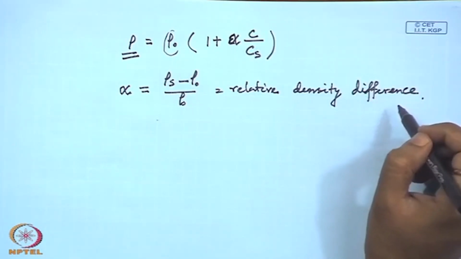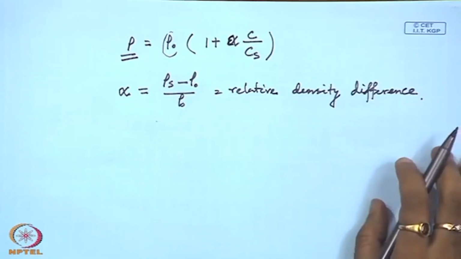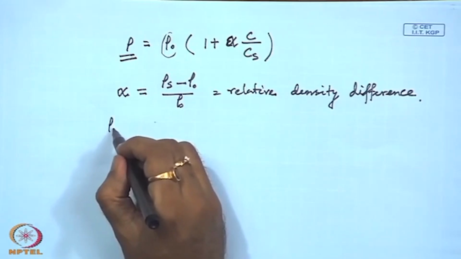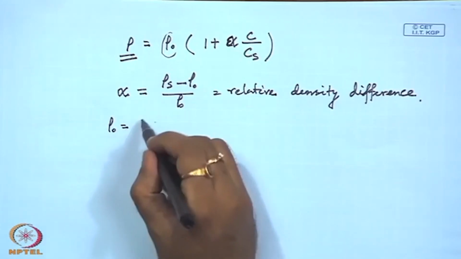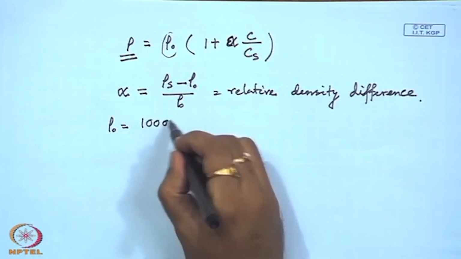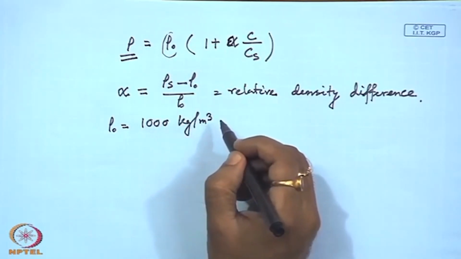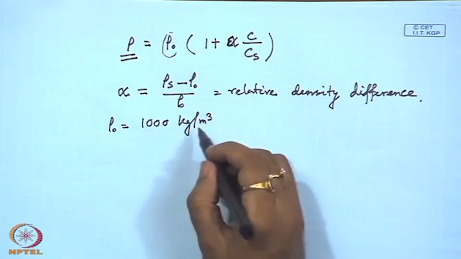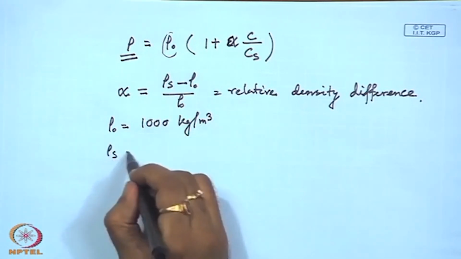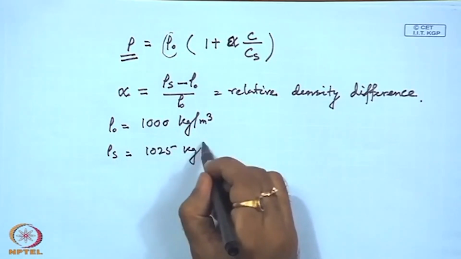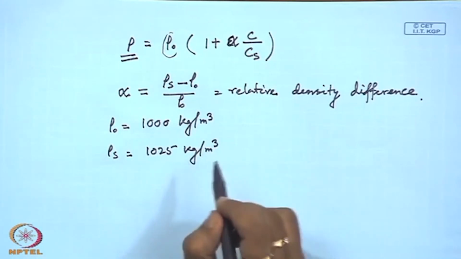So, if we take usual values, then rho naught is 1000 kg per meter cube, and rho s is 1025 kg per meter cube.